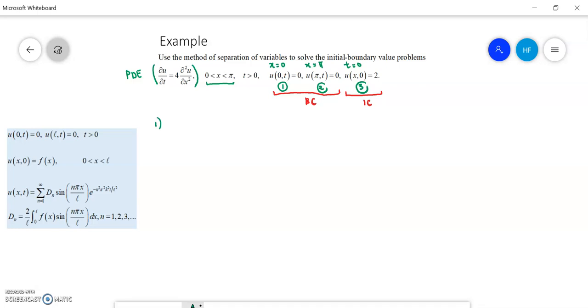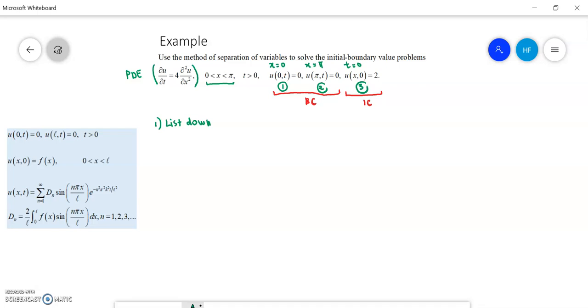First, what we need to do is list down all the terms needed in order to solve this PDE. We need to use the method of separation of variables.